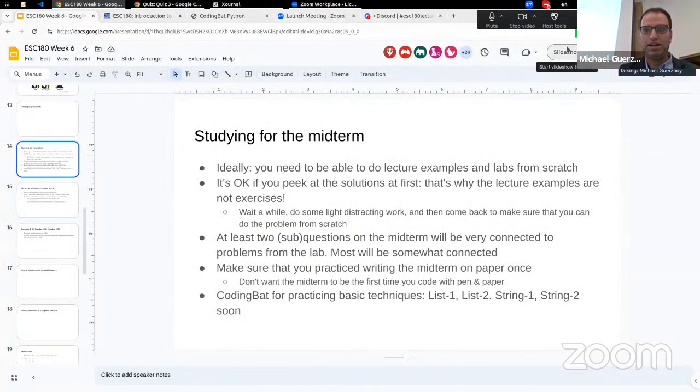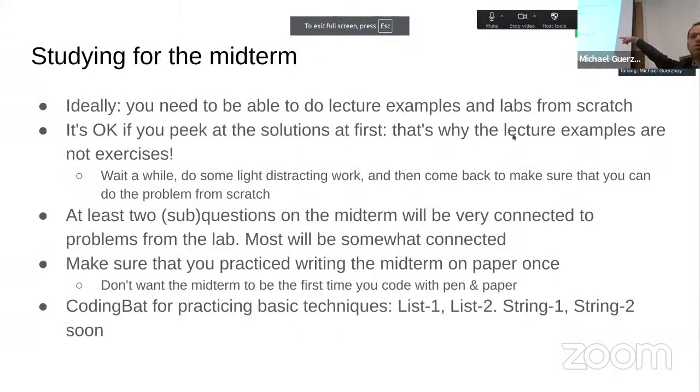that are on the next slide. Coding Bat. Coding Bat is posted in the course calendar section. We already had one practice assignment that you had to do. We will have another one next week that's going to be due before the midterm, but it's going to be just 15 exercises. That's not very low, but it's still not that much.